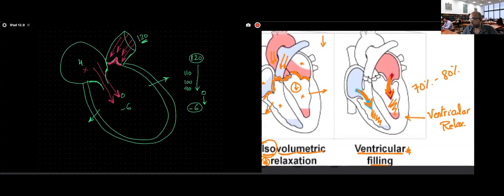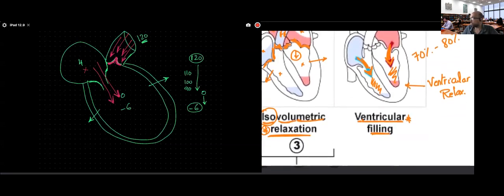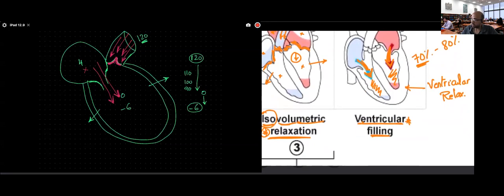So during the ventricular filling phase, again, remember, 70 to 80% of the blood that fills the ventricle is moving down during this phase and not due to the atrial contraction. So a person can live with AFib. If the atrium is not contracting, a person will still be able to survive. 70 to 80% of the blood is moving down due to ventricular relaxation.